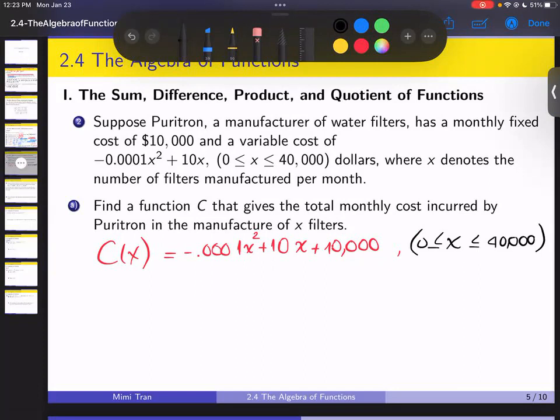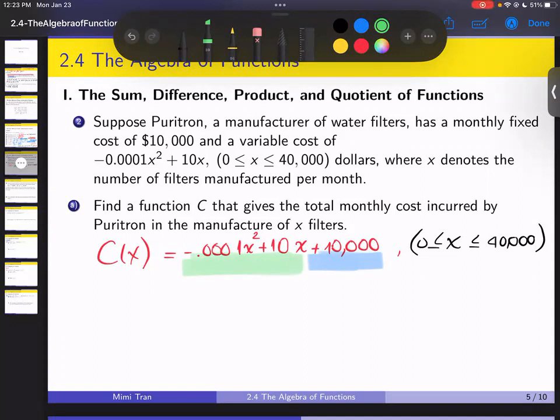We're done for part A. Do you have any question for that part? Every month you pay 10,000 plus every filter that you're doing, that's your other cost, right?